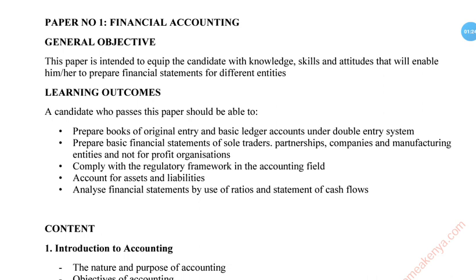When we are preparing the final books of accounts, we have 4 final books of accounts, starting with the income statement, statement of changes in equity, statement of financial position, and the statement of cash flow.